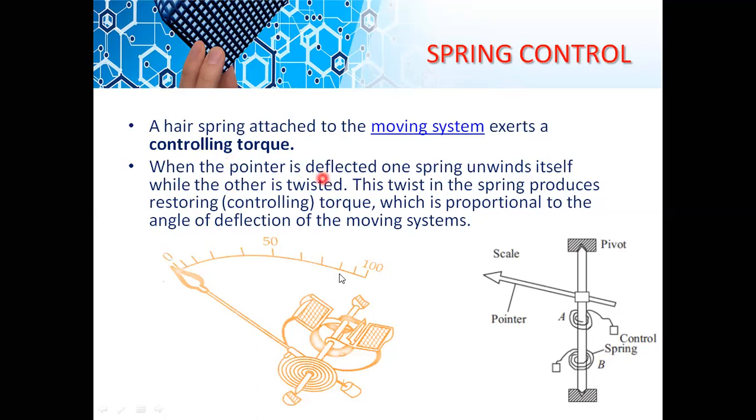Let us see how. Here you can see a picture. This is the moving system. You can see that moving system is having some coil and there is a stick-like structure. This stick-like structure is what we call as a spindle. It's made up of steel, mild steel, and this spindle needs a supporting system.